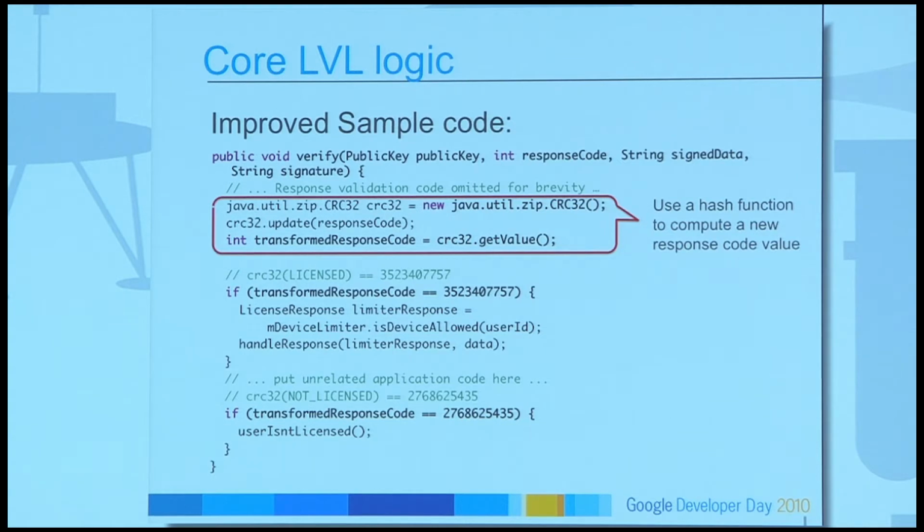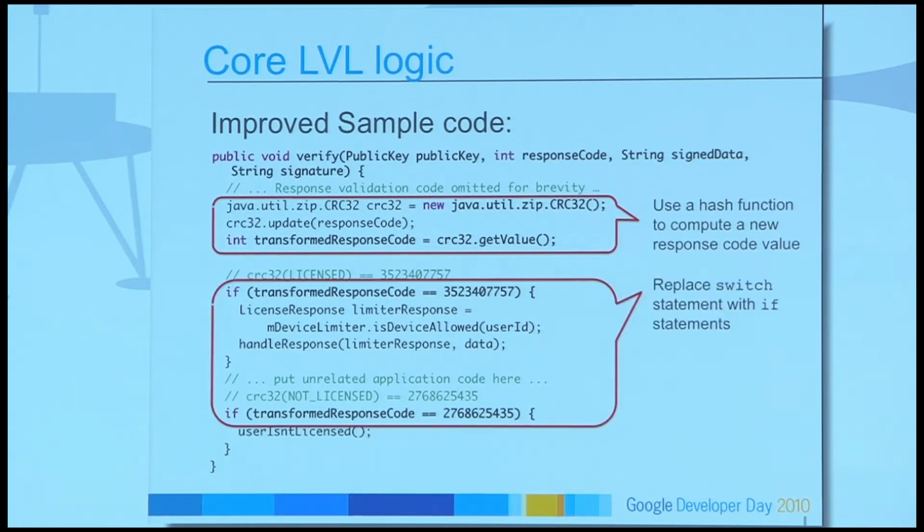So any hacker's or attacker's attempt to detect the original response code will not work because of this. Another thing I did here is replace the switch statement with if statements. The nice thing about this is you can add additional unrelated code in between the if statements, so that when the hacker looks at the bytecode, it confuses them more and makes it harder to reverse engineer.